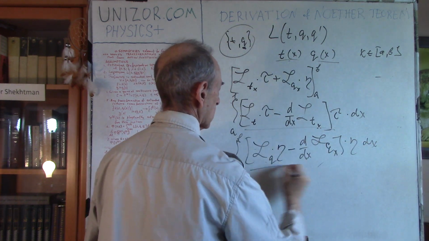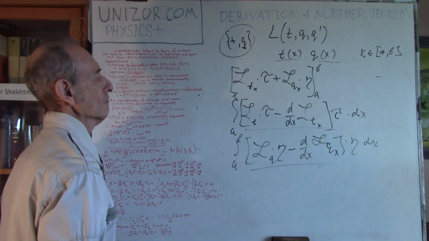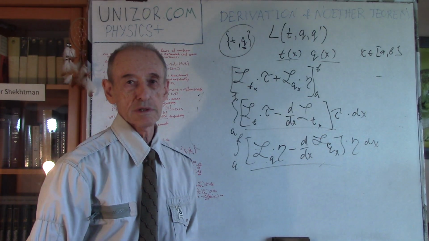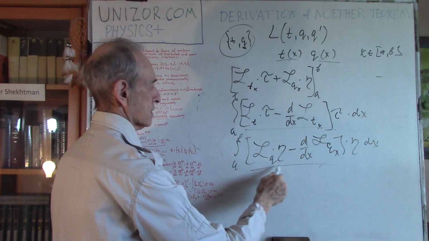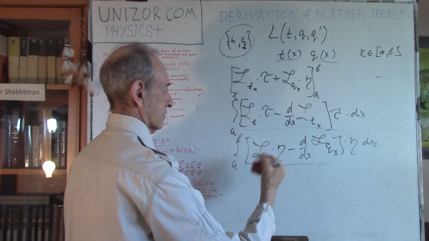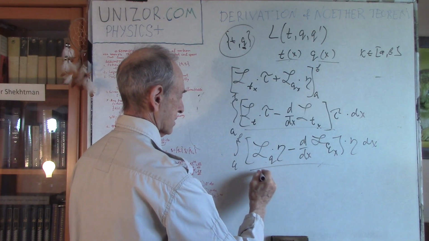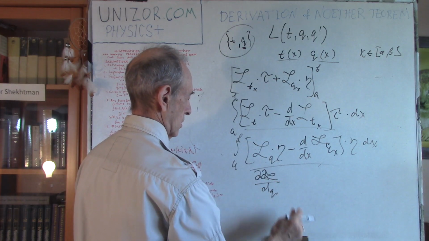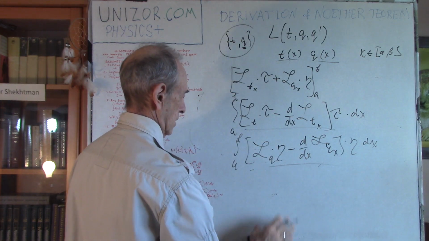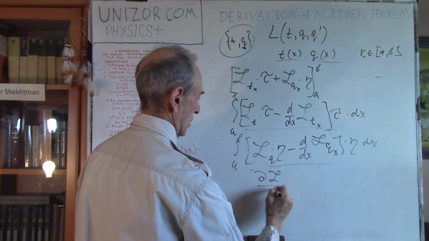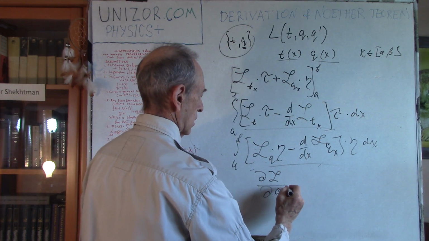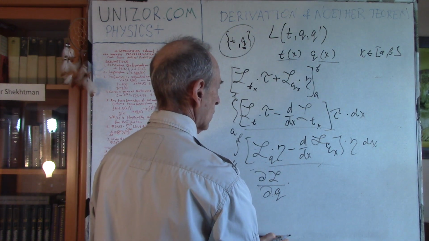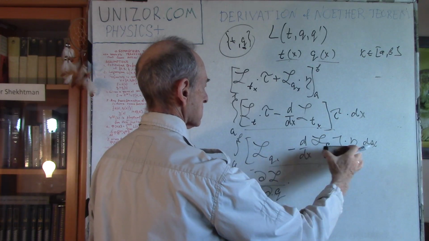Now look at this and look at this. Well, these are Euler-Lagrange equations. Let's talk about this one. Let me put it in more explicit. It's dL by dq times... Oh, I'm sorry, I put it outside of the brackets here.